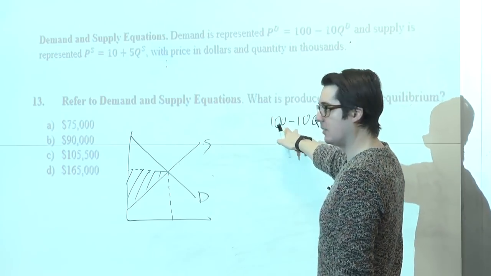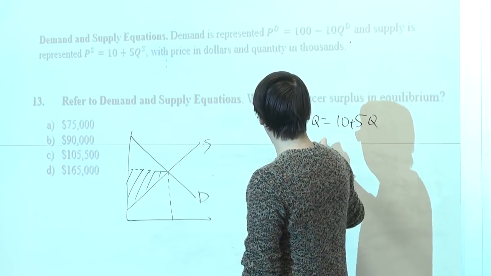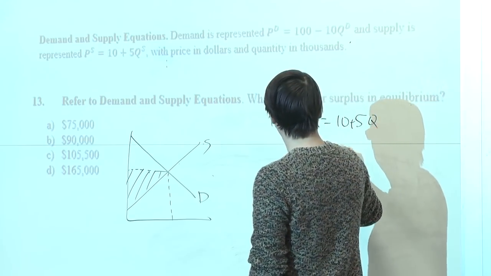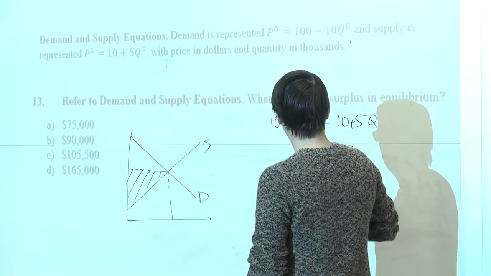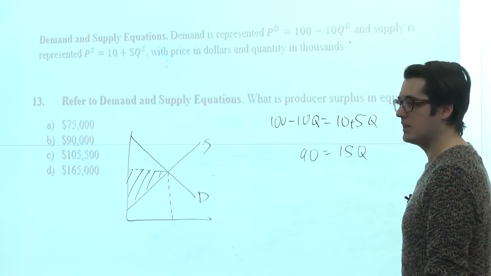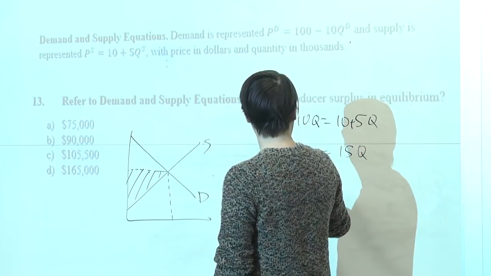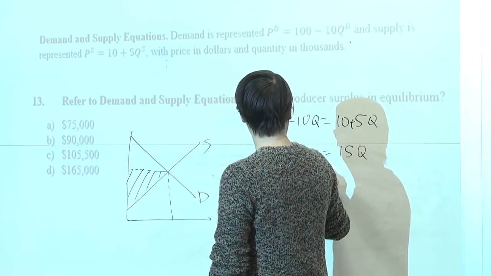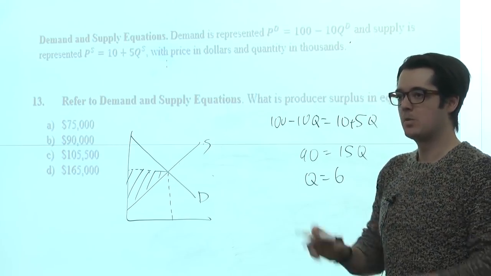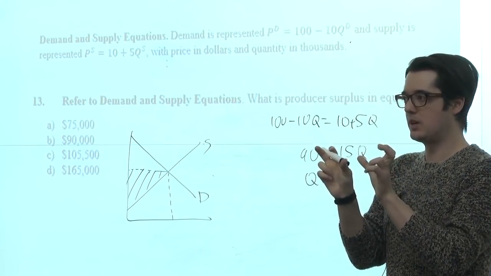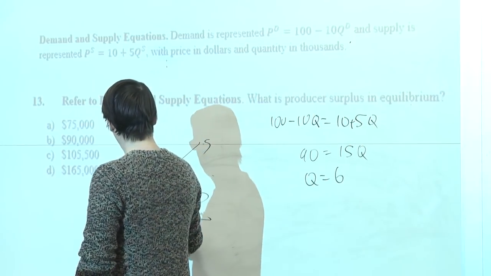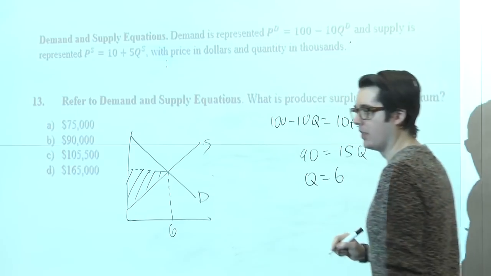We subtract 10 on both sides, we get 90, add 10Q to both sides, we get 15Q, so our equilibrium quantity is going to be 6. Everyone see how we got that? All right, we're just setting supply and demand equal to one another and solving for Q, which gives us our equilibrium quantity.